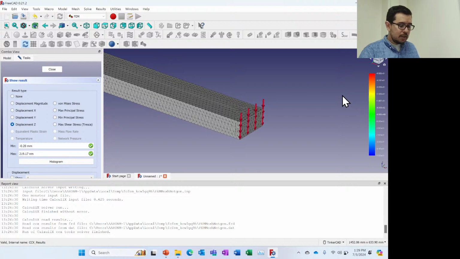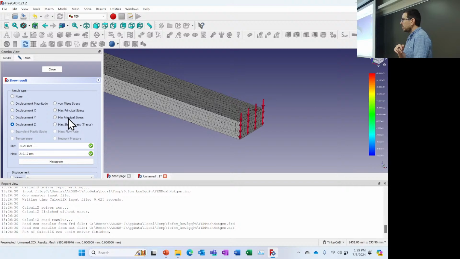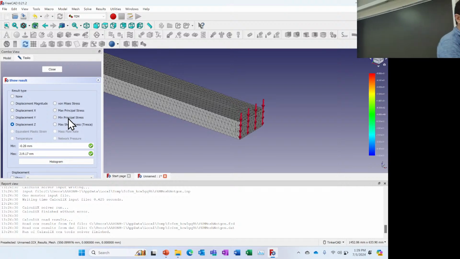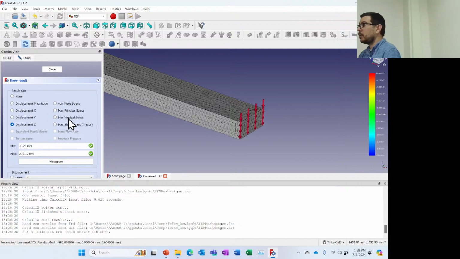Okay, so let's take a look. What do you think it's going to tell us? And should we trust it? Now look, we even know things about principal stresses. So which options would you pick here if you want to get this bending stress? There are a couple that should give us a pretty good idea.